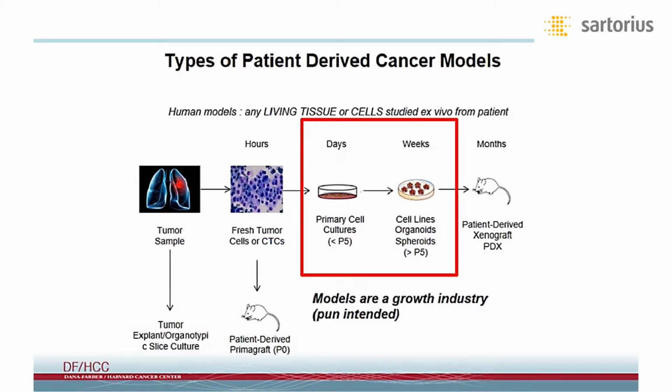Just to briefly go over types of patient cancer-derived models, there's a number of different terminologies and names that people use, so I like to start with saying that we're going to focus today, for the most part in my lecture, on primary cell cultures and cell lines, organoids or spheroids.